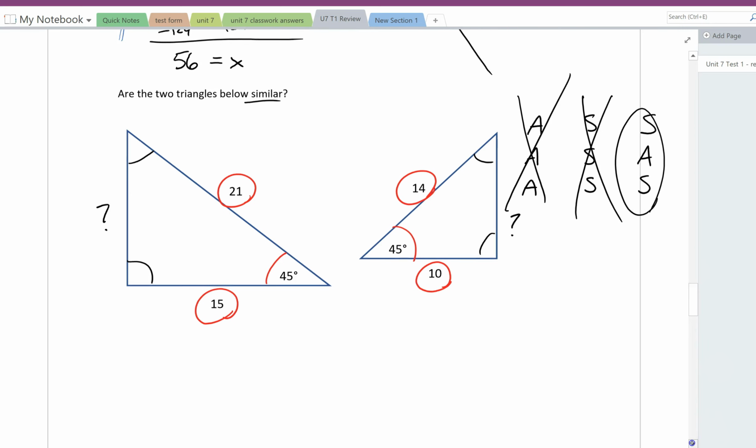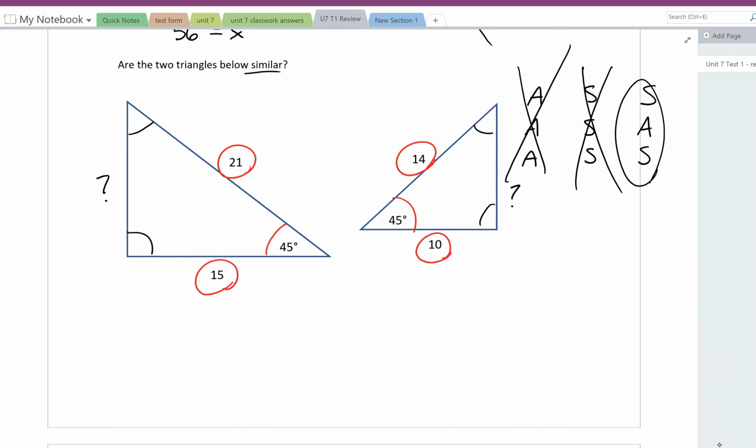That said, just because I have that information doesn't mean I automatically have a side, angle, side similarity here. I'm going to have to go through and check the ratios between the two pairs of corresponding sides that I have, but that won't take very long. The longest side on the triangle on the left is 21. The longest side on the triangle on the right is 14.